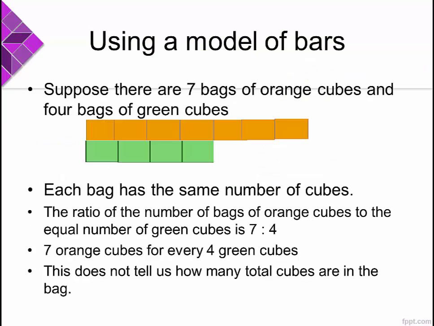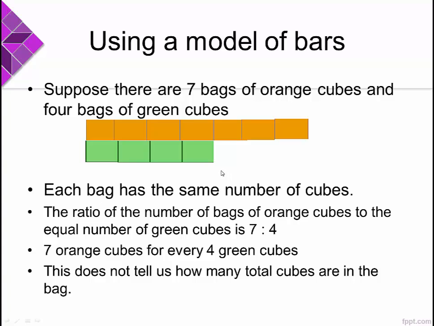So let's use a model of bars. Suppose there are 7 bags of orange cubes. Here are the 7 orange cubes. And there are 4 bags of green cubes. And here are the 4 green cubes. Each bag has the same number of cubes.